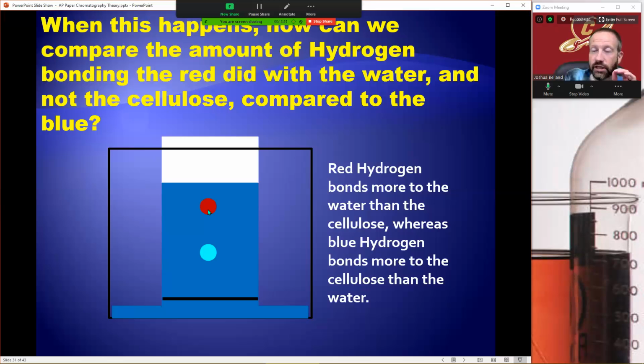The red must have hydrogen bonded better to the water than the paper, because as the water moved, it moved. And the blue must not have wanted to move a lot. It must have bonded well with the paper, and it took a lot of water to convince it to start moving at all. Okay, this is why it's an AP topic. Look at the comparison of bond strengths we can discuss now.